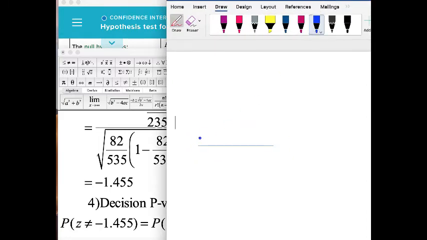I'm going to try to draw a bell-shaped curve. Now remember, I'm using my finger and a trackpad. All right. So that's supposed to be symmetric. So we got a test statistic of negative 1.455.